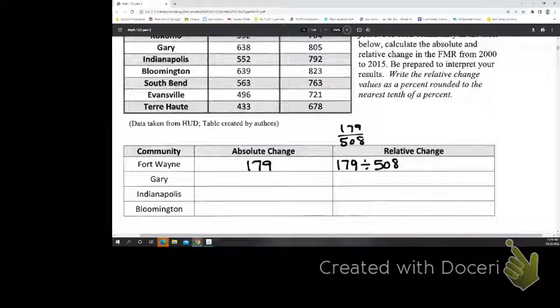So go ahead and finish that table and then write the sentence about the absolute change and relative change for Indianapolis. So basically finish that 7-4 page, and then we'll do some comparisons between communities instead of between years. What decimal point do we go to?